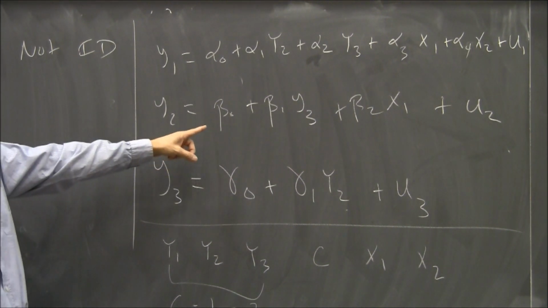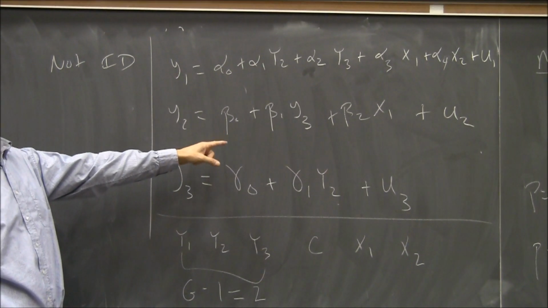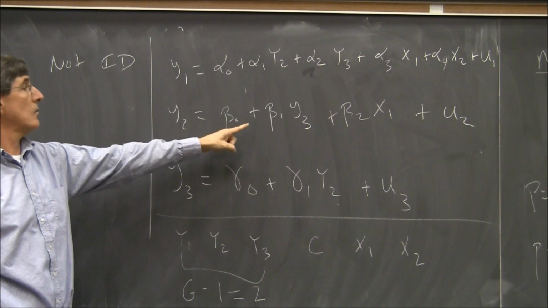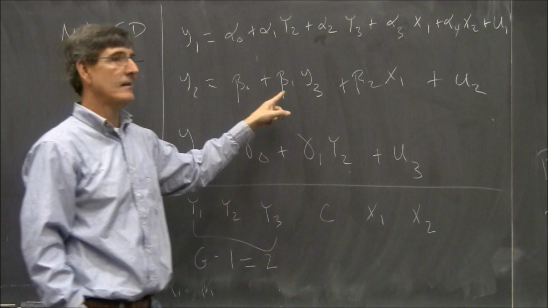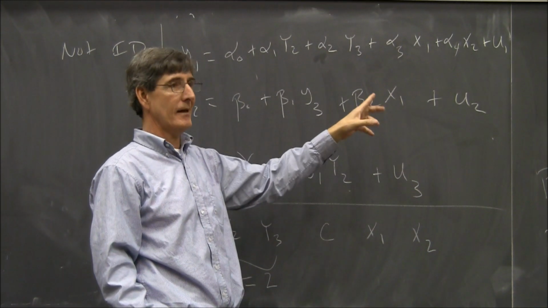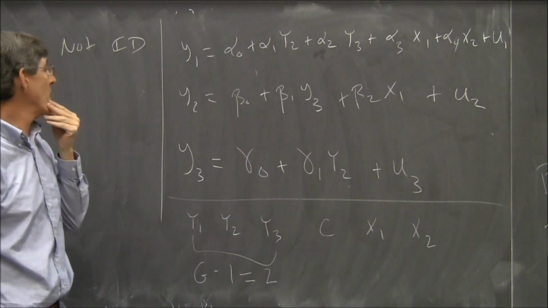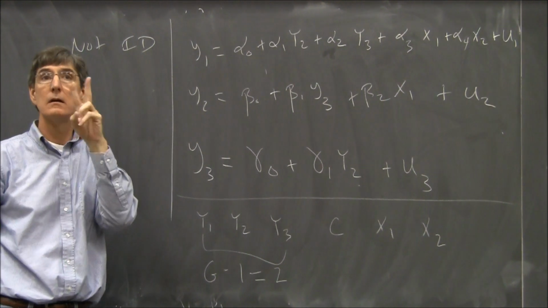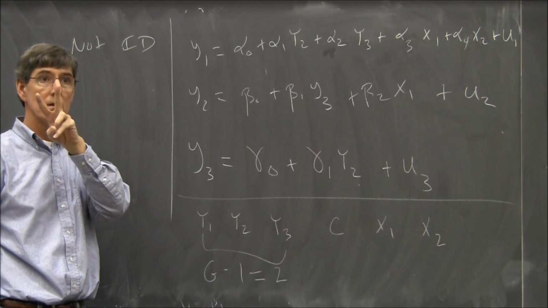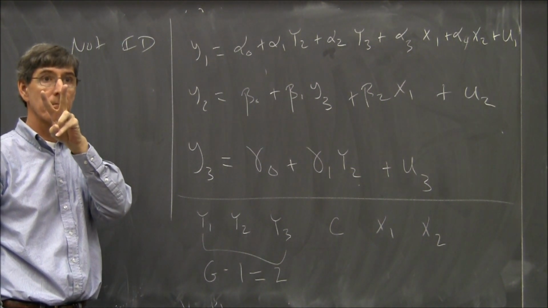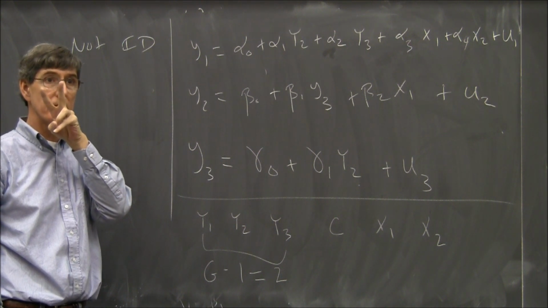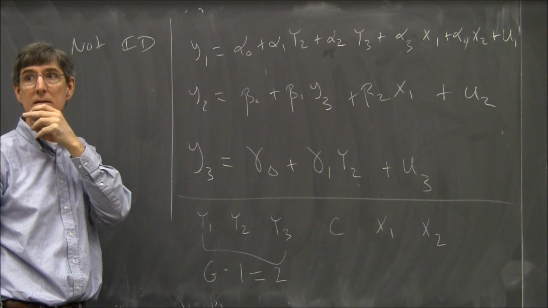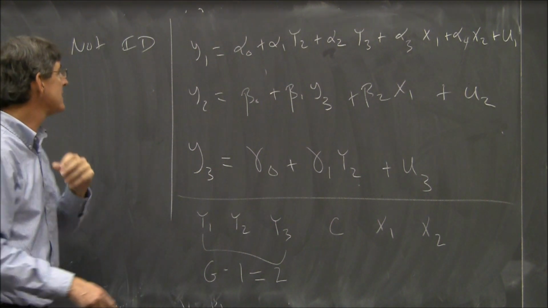What's left out of here? I see no y2. And there is no x2. Or y1, yeah, thanks. So, 2? 2 things missing? And g minus 1 is 2, so this one is exact.